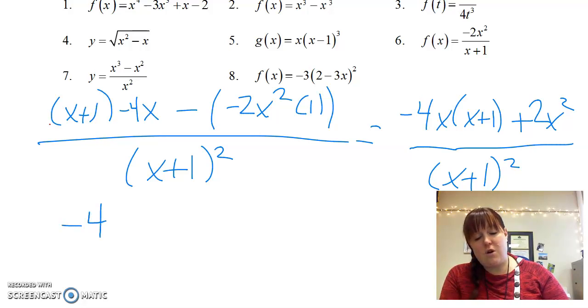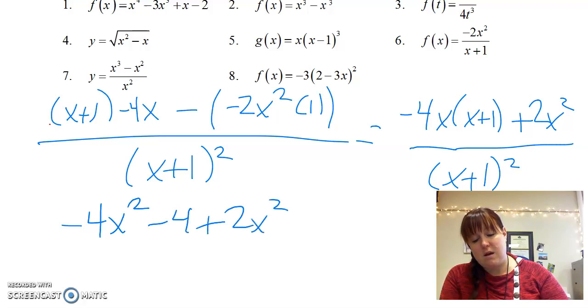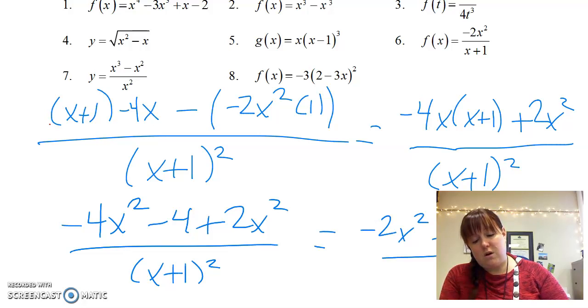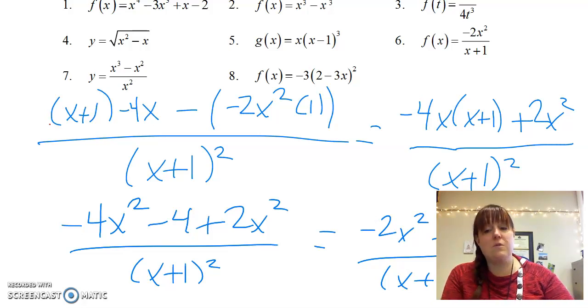So we have 4x squared minus 4 plus 2x squared, and then we have an x plus 1 squared on the bottom. And then we've got negative 2x squared minus 4 over x plus 1 squared. I don't know that there's more that you could do, because you could take out the negative 2, but we'd still be at x plus 2 there, so then I think we're pretty good.